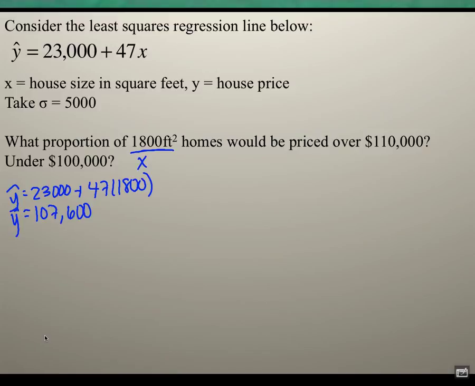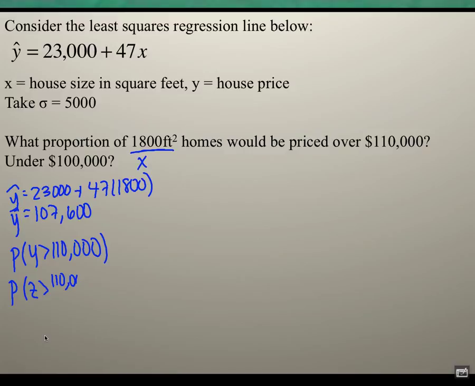Now we want to know what proportion of the houses are going to be over 110,000. So we're looking for the proportion of houses that have a price over 110,000. So you're just going to convert this to a z-score.